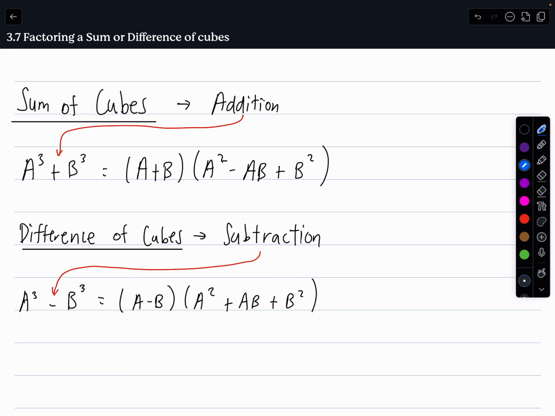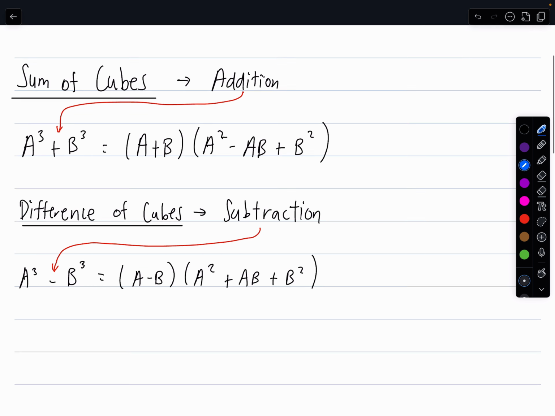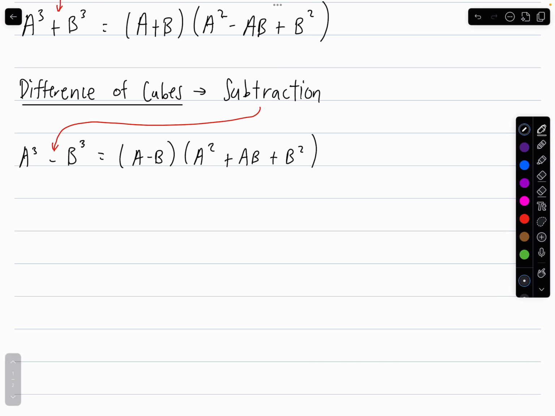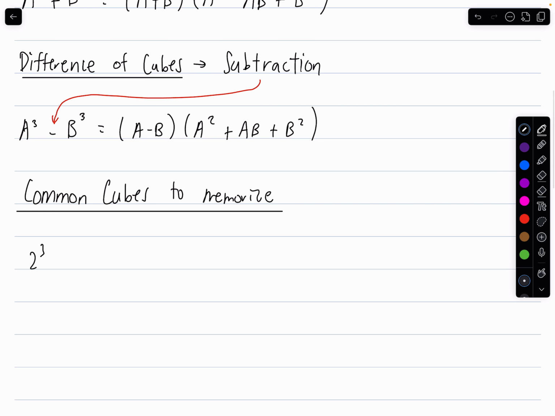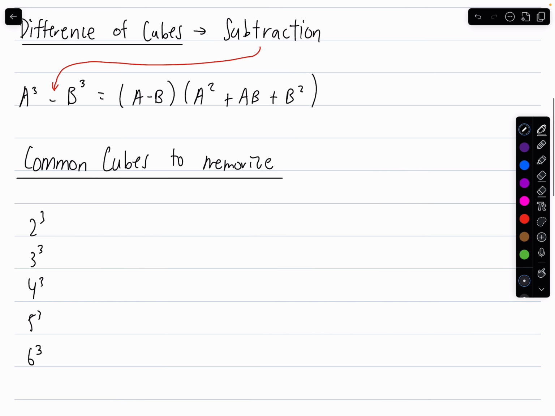Now let's go into how we're supposed to approach these questions. I want to first talk to you guys about some common cubes that I've seen in these textbooks. Common cubes to memorize, and these are just my notes: 2 cubed, 3 cubed, 4 cubed, 5 cubed, 6 cubed. I would say these are the most common cubes.